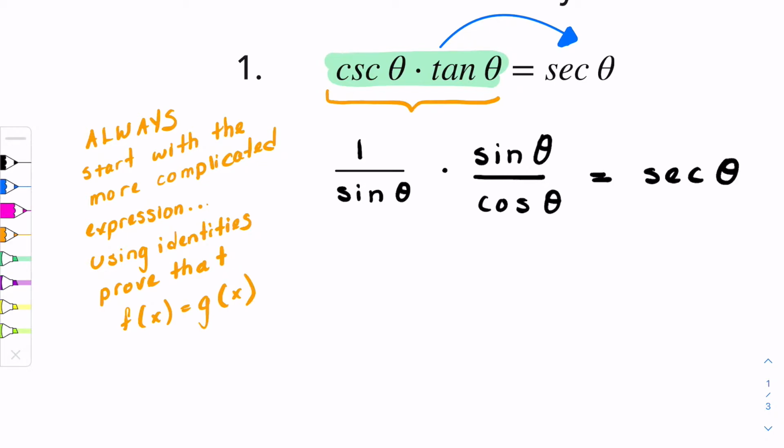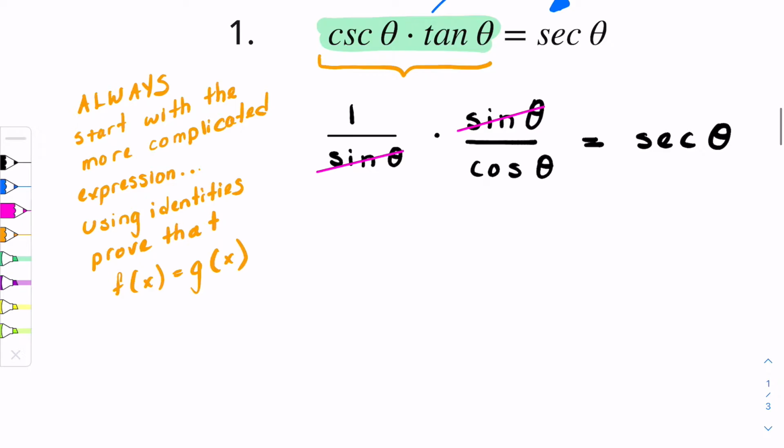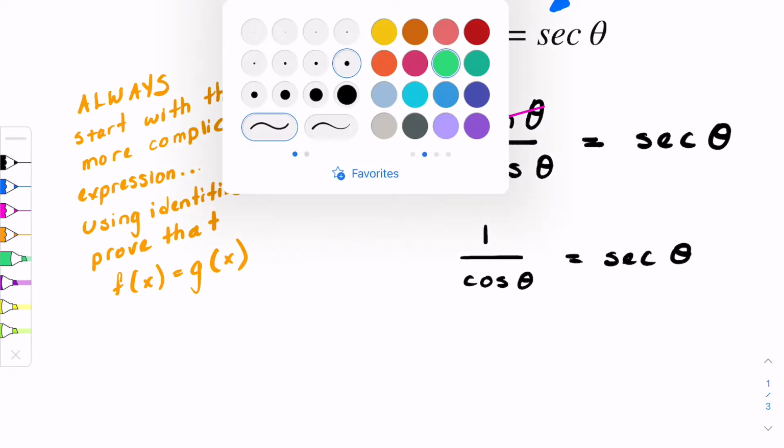So writing out what I just did, I can quickly eliminate my sine value in my numerator and my denominator. This leaves me with 1 over cosine is equal to secant. And 1 over cosine is a reciprocal identity that we learned about last class.